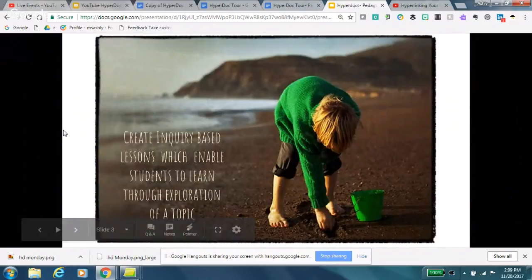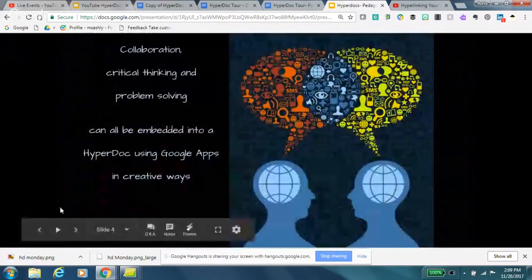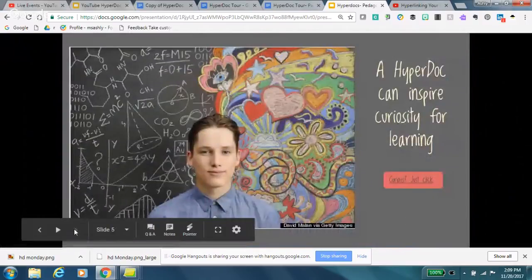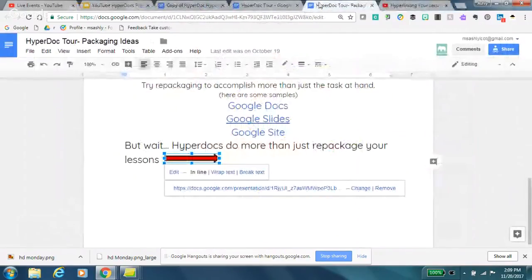HyperDocs create inquiry-based lessons which enable students to learn through exploration of a topic. Collaboration, critical thinking, and problem solving can be embedded into a HyperDoc using Google Apps in creative ways. And a HyperDoc can inspire curiosity for learning. We're going to stop it there.